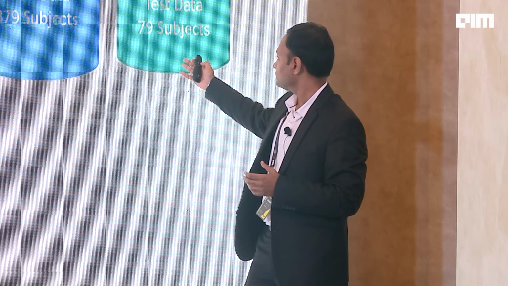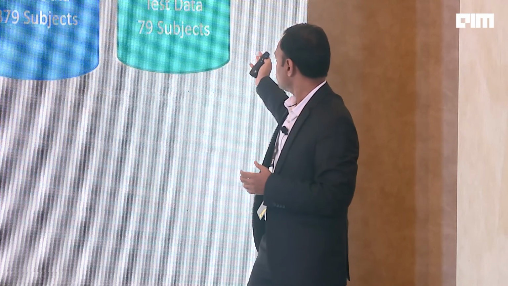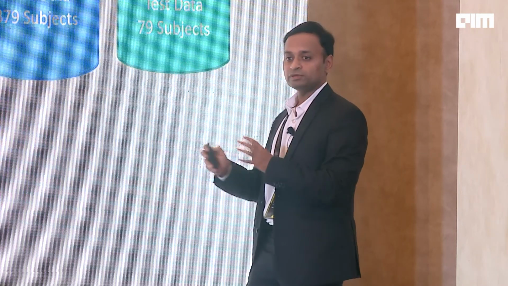In order to test this, the experimental setup was the following. You have 379 CT subjects in the training set, and 79 test subjects which were completely unseen by the model, the golden test set. The model was a modified Inception ResNet v2, which was kind of intermediate between the best-of-the-class models and the classical machine learning model.